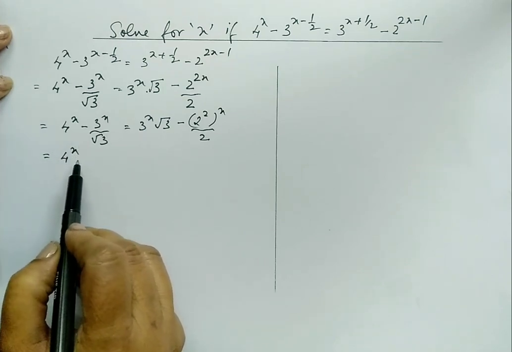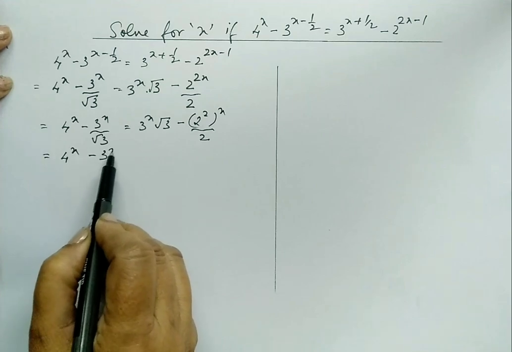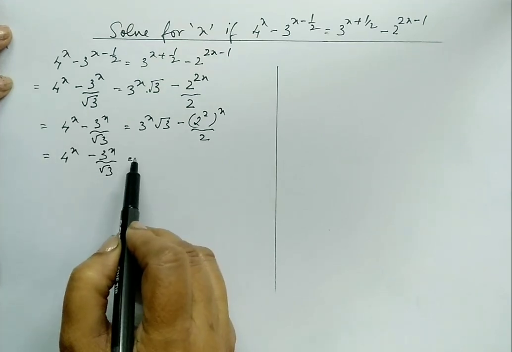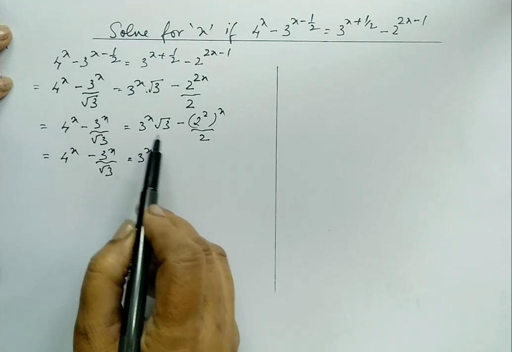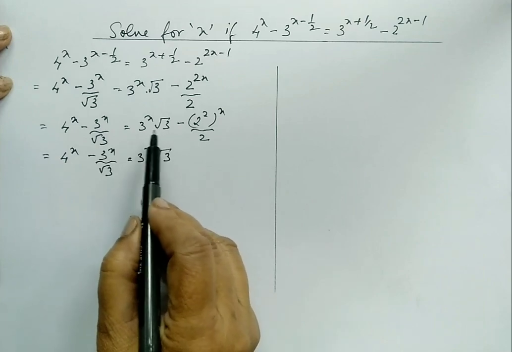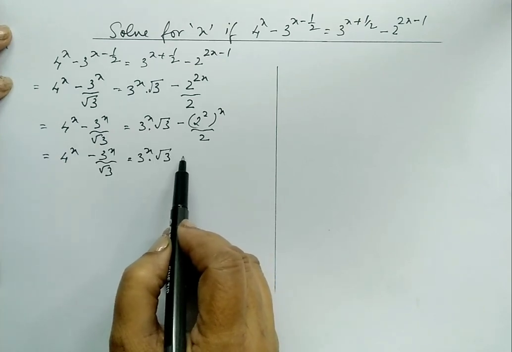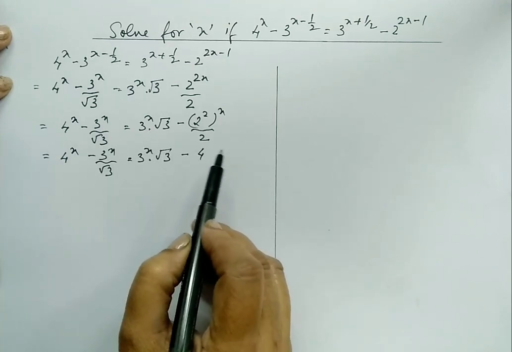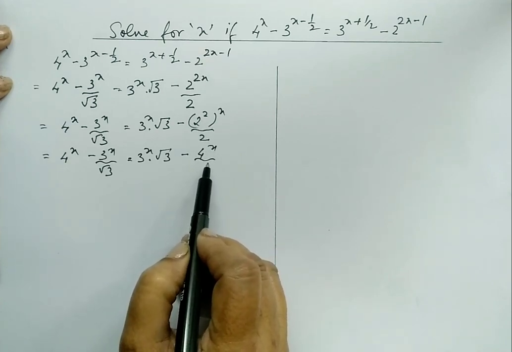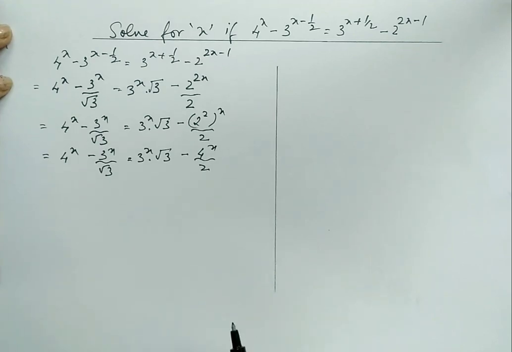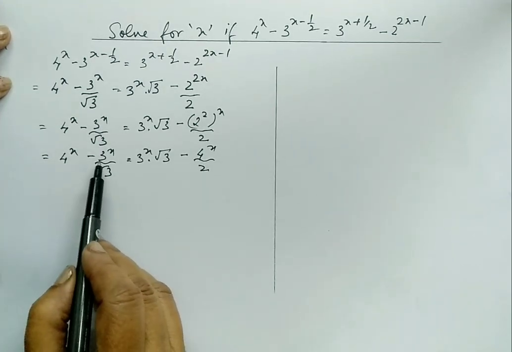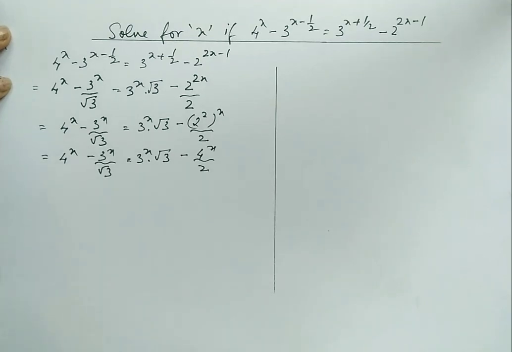So 4 having a power of x, 3 having a power of x as well. Here 3 to the power x, root 3 dot, there's a multiplication over here. Here this becomes 4 having a power of x and 2 below. Now these two are similar. And these two also are similar.